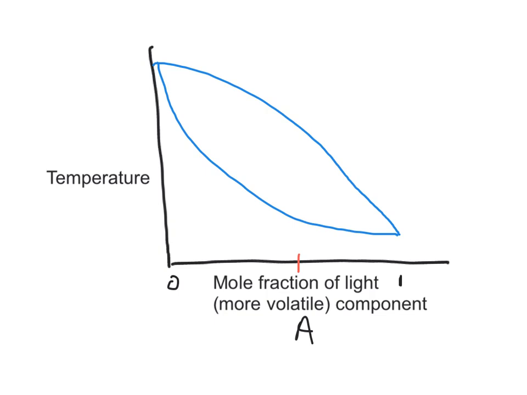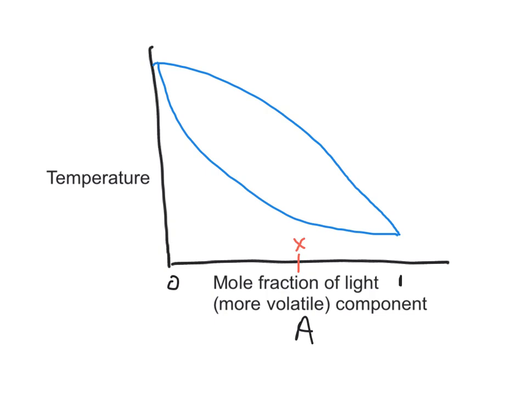And let's assume that we are at this point right here, this x. Well, this is in the liquid region, so we are a pure liquid, and we have no vapor present, and our mole fractions for A and B are about 0.5 each, adding up to 1.